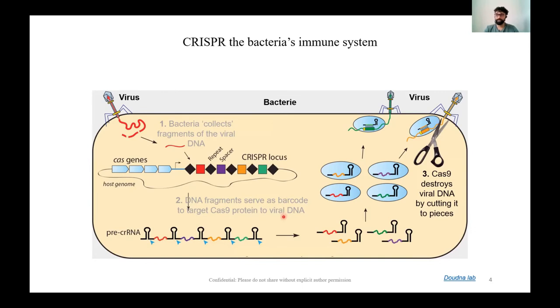These fragments are read as basically barcodes after incorporation. And once this is transcribed, this forms a complex with what we call trans-activating CRISPR RNA, right, to form the scaffold with Cas9 protein. So when there's a next infection, this spacer element will specifically recognize the alien sequence from the virus and target it.